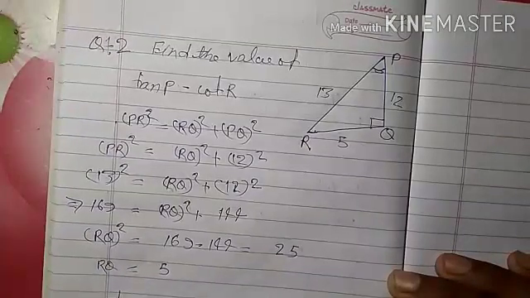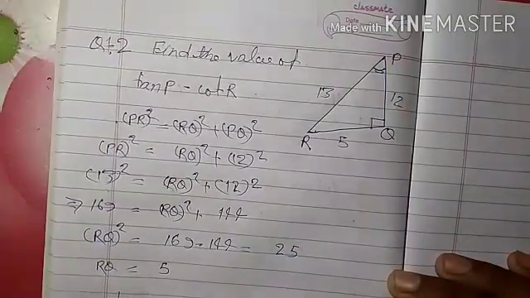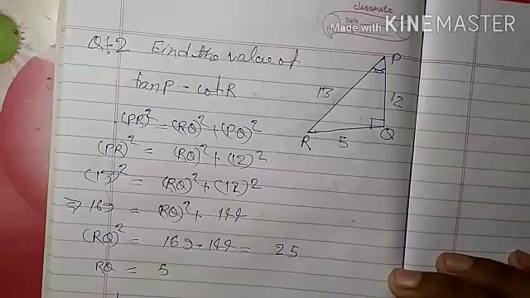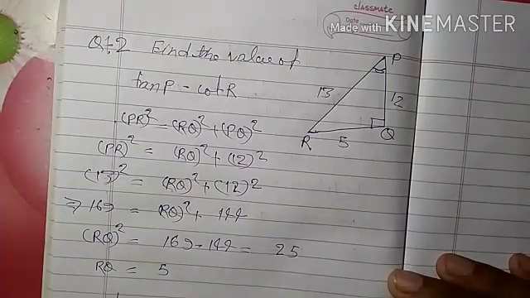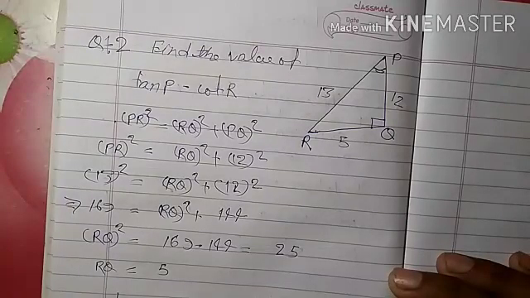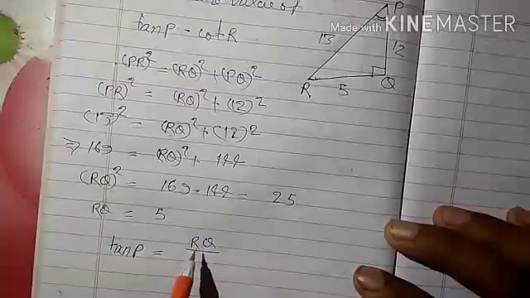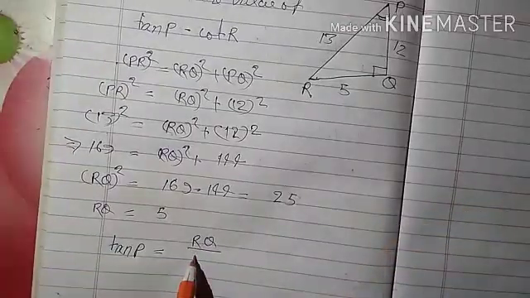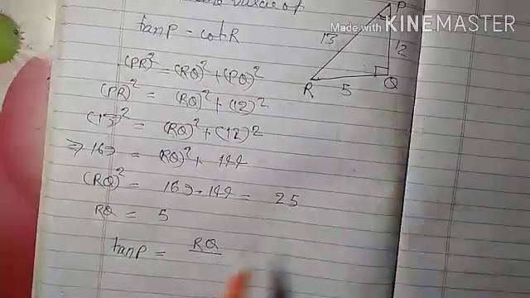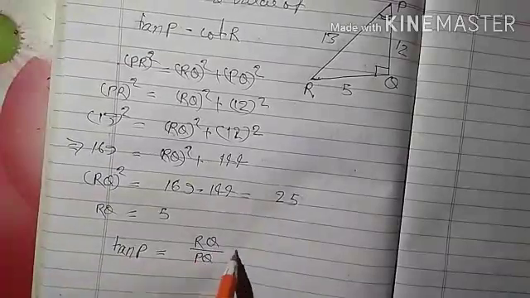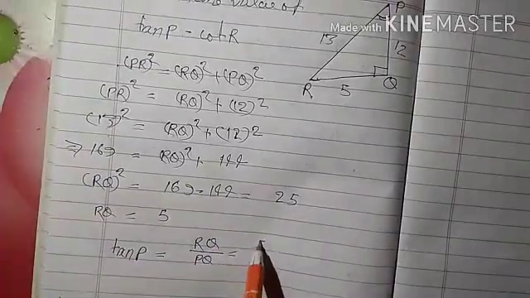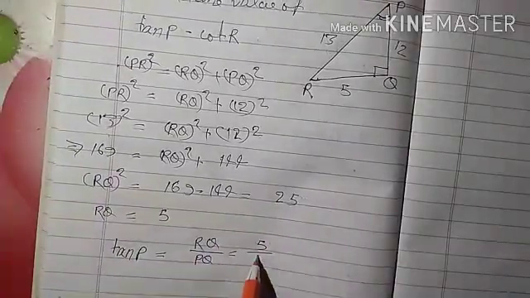So tan P is equal to perpendicular divided by base, that is RQ divided by PQ. The value of RQ is 5 and the base is 12.